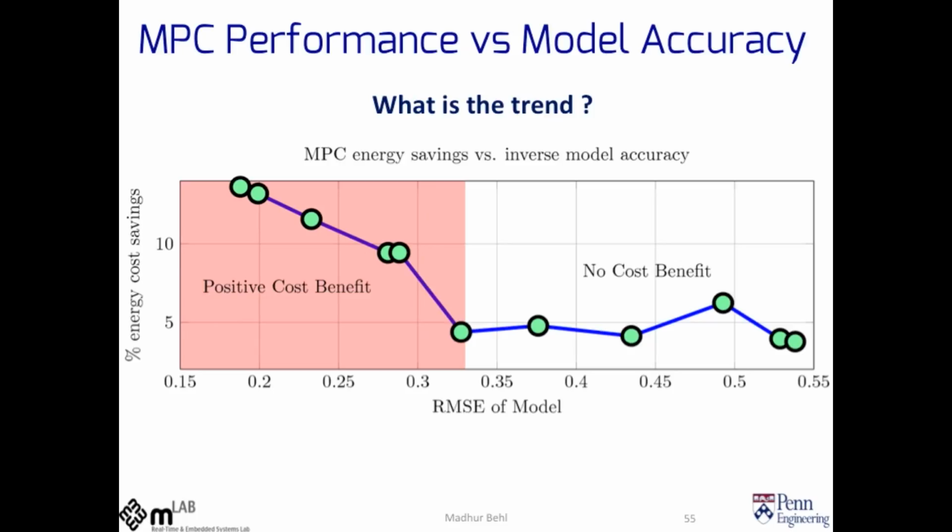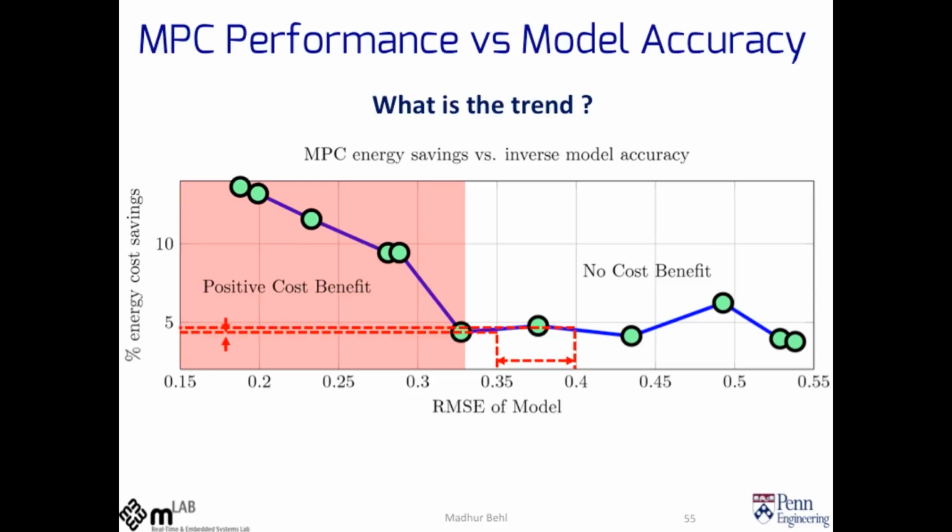And there is more than what meets the eye in this plot. Just think about what it would take for you to improve the model accuracy in a certain region of this curve. It would take you to invest in sensors or improve the quality of data coming from those sensors. But the expected return in improving the accuracy of the model is negligible if you are in this part of the curve that we have revealed.